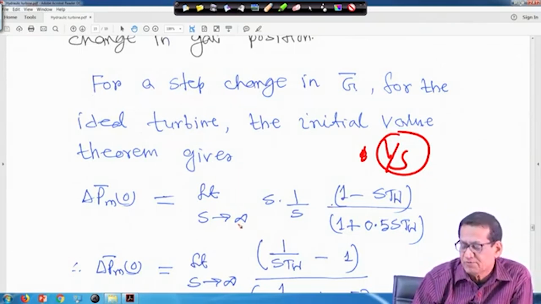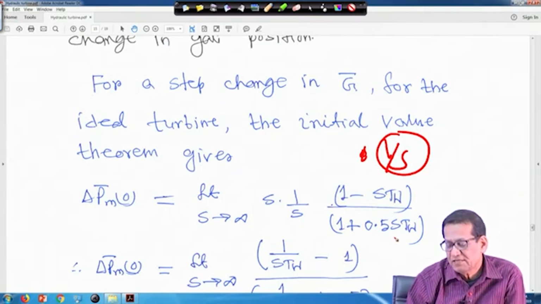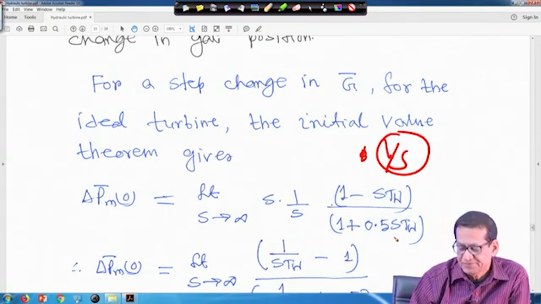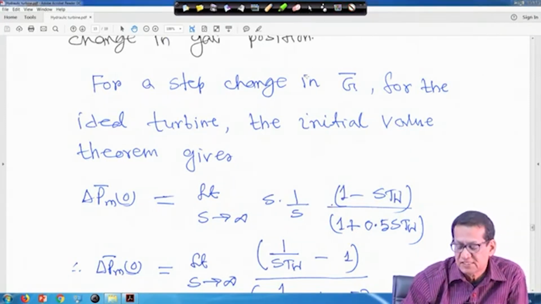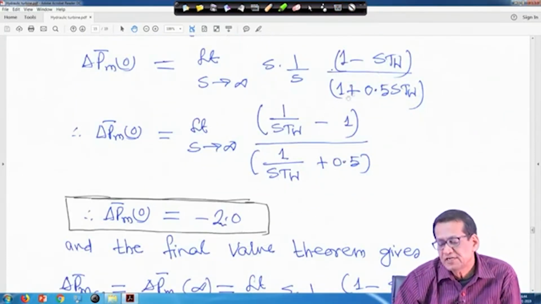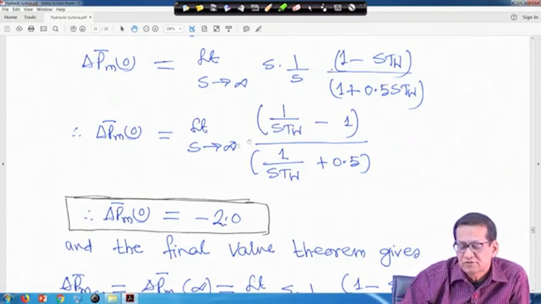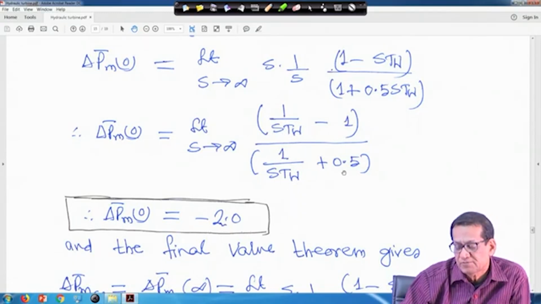So, S into 1 upon S, into (1 minus S T W) divided by (1 plus 0.5 S T W). Numerator and denominator you divide by S T W. So, S will be cancelled, limit S tends to infinity, it will be (1 upon S T W minus 1) divided by (1 upon S T W plus 0.5).